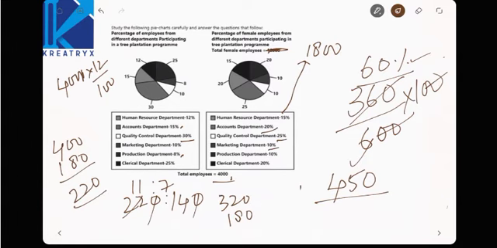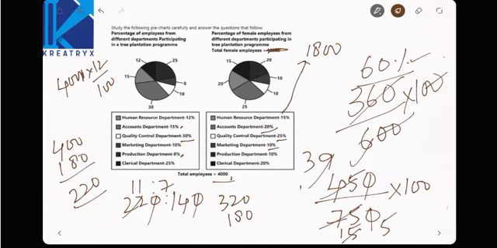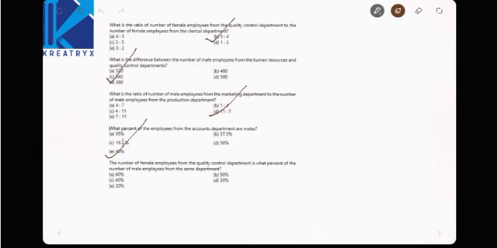So males are 750. If you remove 450 from 1200, that will be 750. You have done the same in the previous question. This is your percentage, that is nothing but equal to how much? 450 by 750 is 3 by 5, into 100 is nothing but equal to 60 percent. So your answer must be 60 percent, right? Option 1.